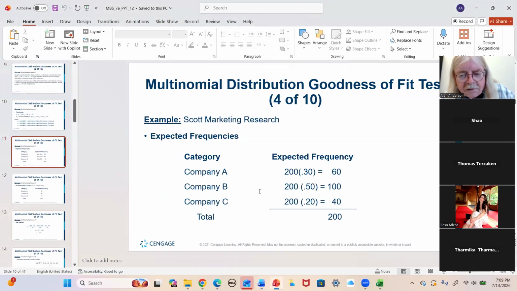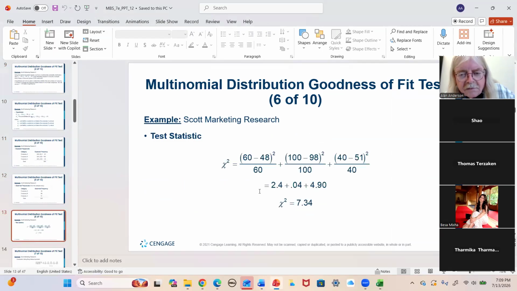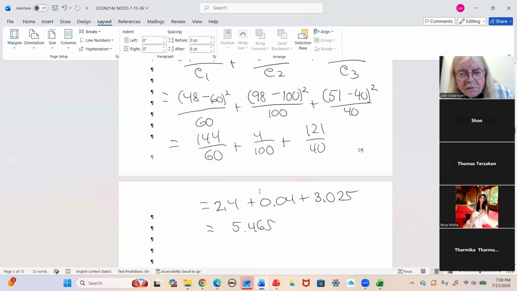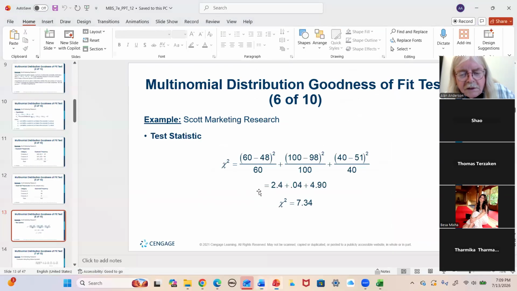Let's see what they got. Once in a while, the typos do show up in here. First one is 2.4.